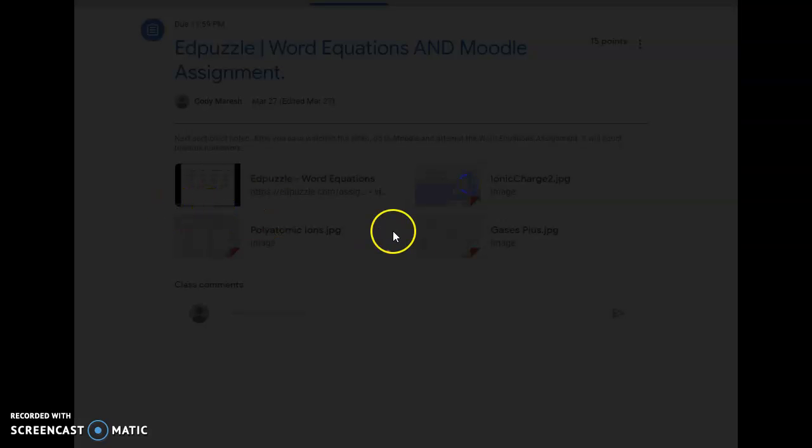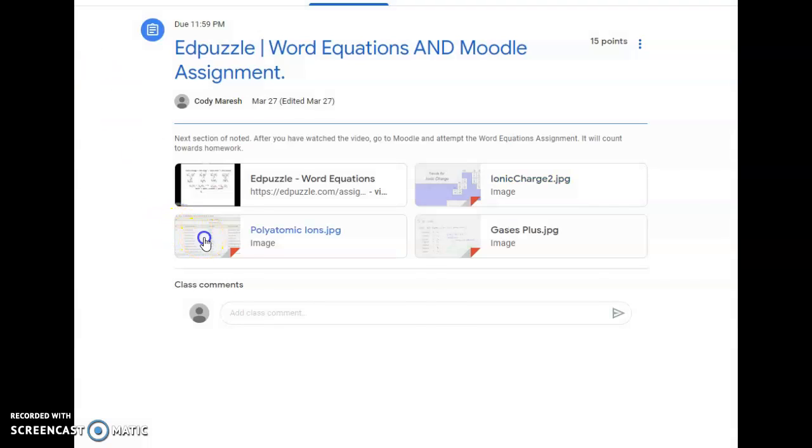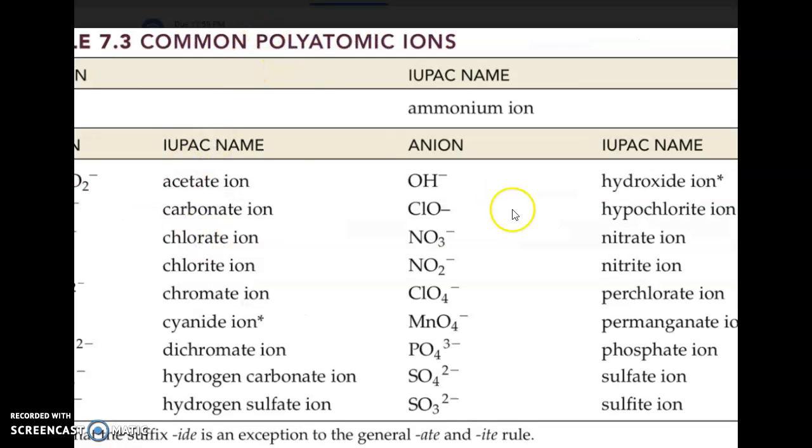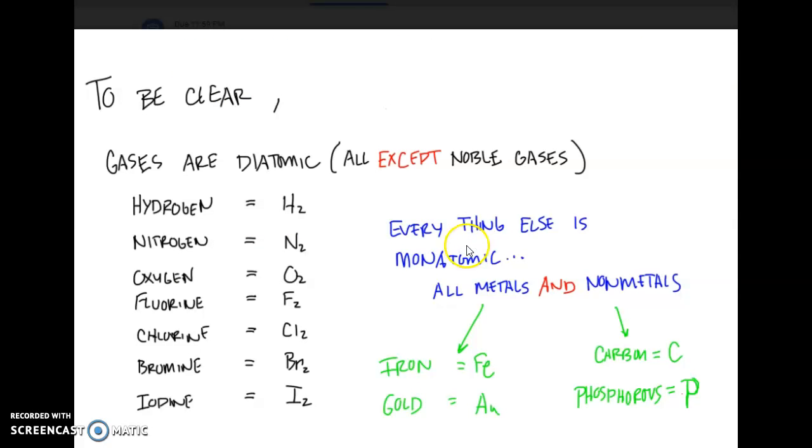It gives you the ionic charges for every element in the group numbers. Your polyatomic ion sheet will give you a list of ions you can look at when referencing these names, and this gas sheet. There are a lot of diatomic gases that you should remember, and also remember that element names are straightforward. They're always single atoms.